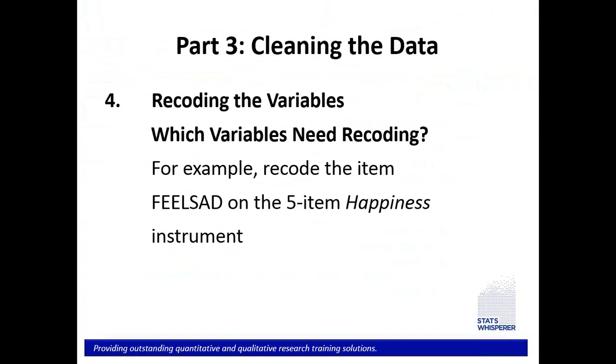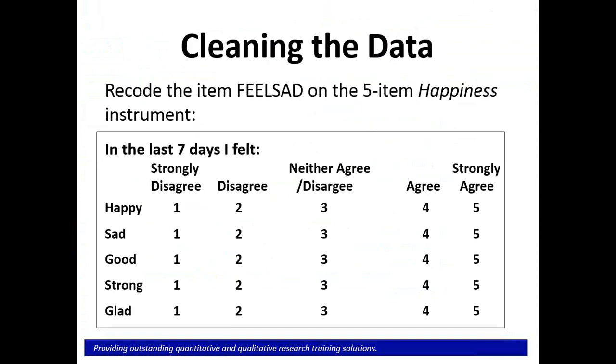For example, let's consider the item feel sad on our 5-item happiness instrument. Now, what's the problem here? The problem is that if we're trying to measure happiness, most of the items where we indicate a 5 indicate the highest level of happiness.